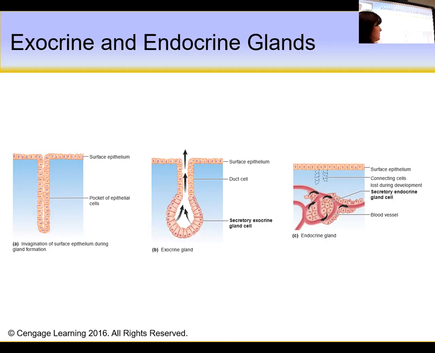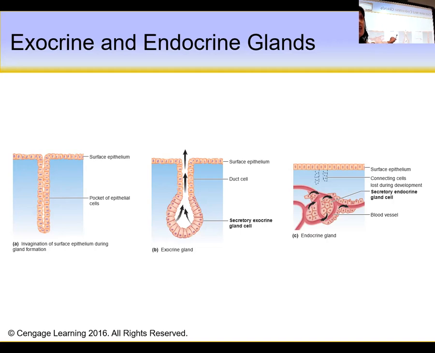So if you'll notice, this is an example of an exocrine gland. See the tube, right? And it could be simple or it could be more complicated. It could even be branched, like some of our specific glands, like sebaceous glands and so forth. Mammary glands, milk secreting glands, are also exocrine glands. You'll see a tubing called a duct.